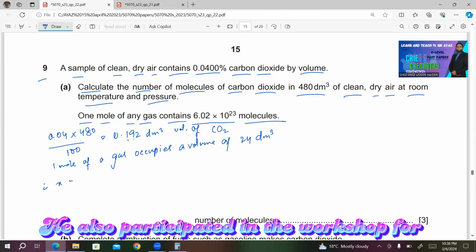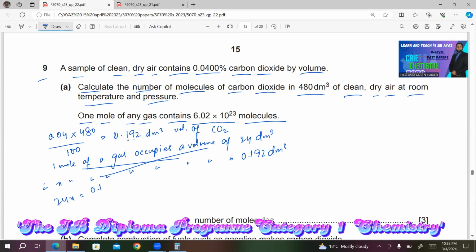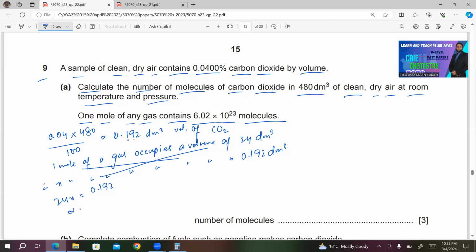Therefore, x mole of a gas occupies a volume of 0.192 dm cube. Cross multiplying, we will get 24x is equal to 0.192, or x is equal to 0.192 divided by 24.